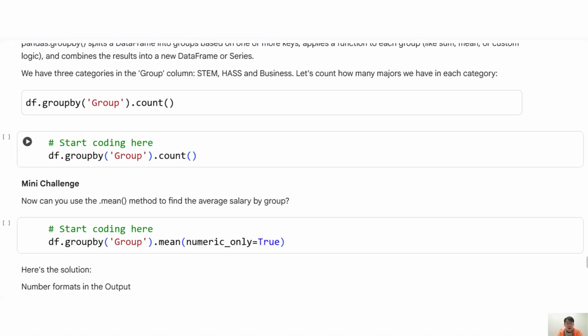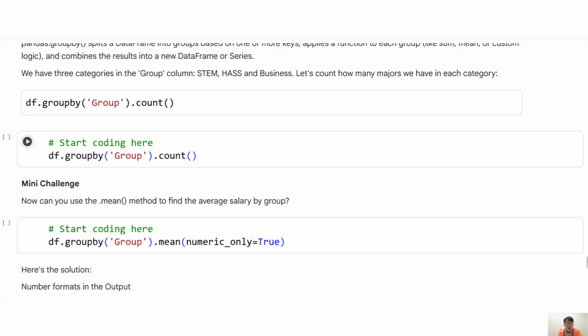So here I use the function groupby, and in the parenthesis I put the name of the column I want to group by, and here I put count. It will count how many times each group appears in the table, which also indicates how many majors belong to this group.